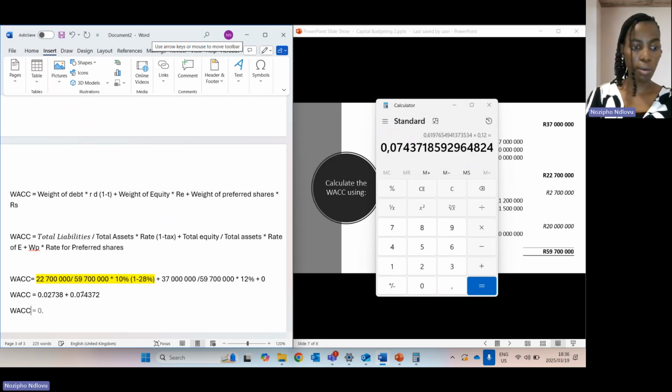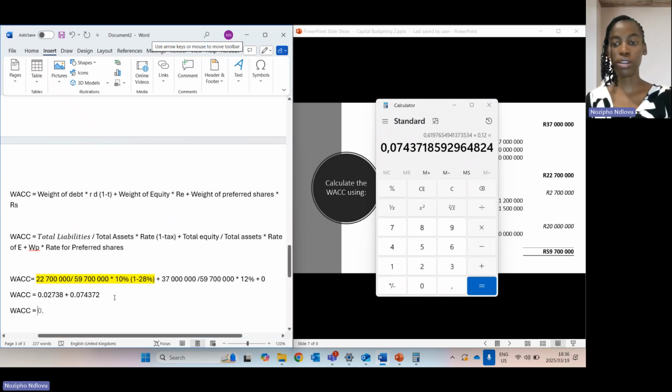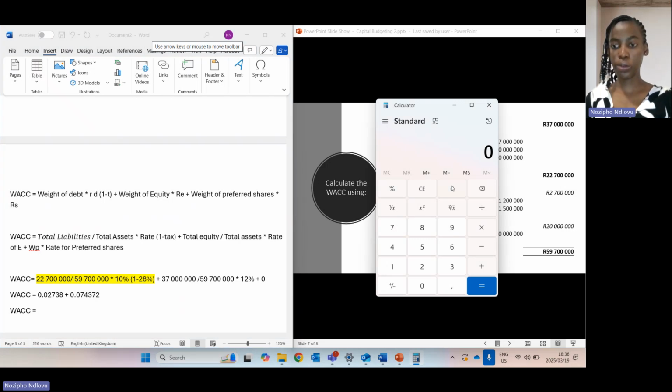Okay, then we're calculating our WACC. Obviously, we have the 0 on the other side. We don't always have to carry on the 0 because if we add a 0, we are going to get the same answer. So we're going to take 0.02738 plus 0.074372. Hope I wrote that right.